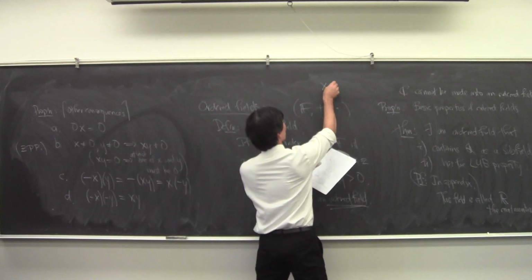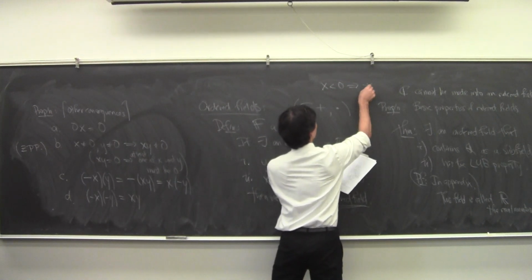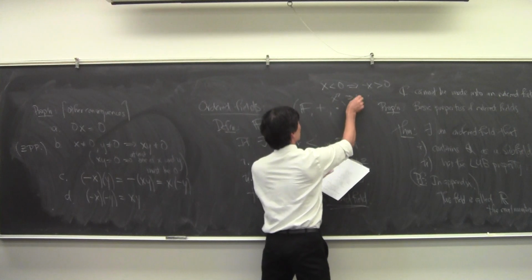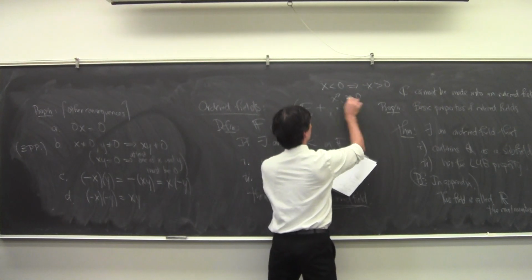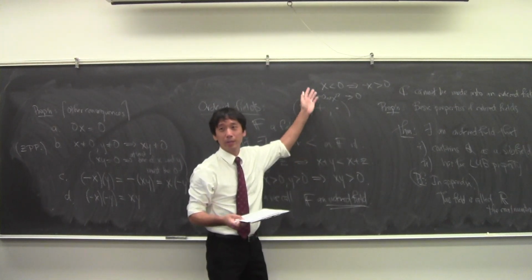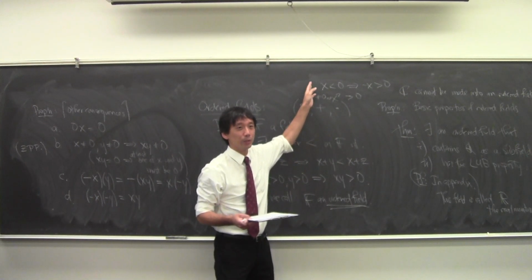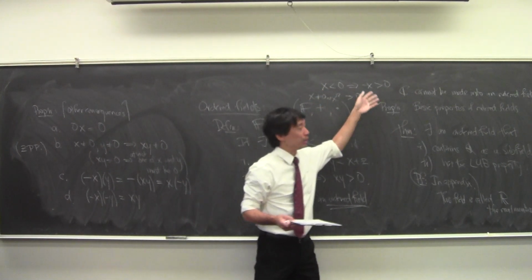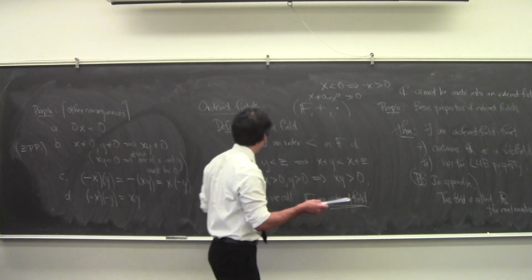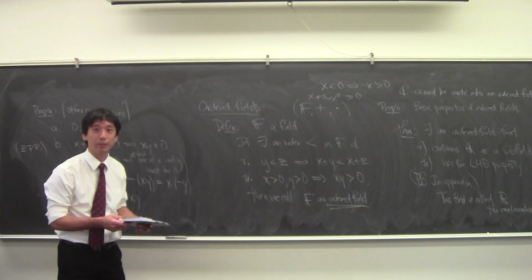If x is less than 0, then negative x is greater than 0. If x is not equal to 0, then x squared is bigger than 0. They're basic properties that you would like to be true. There's a few of them, and they turn out to be true. I'll ask you to read those as well. Again, the proofs are pretty straightforward.